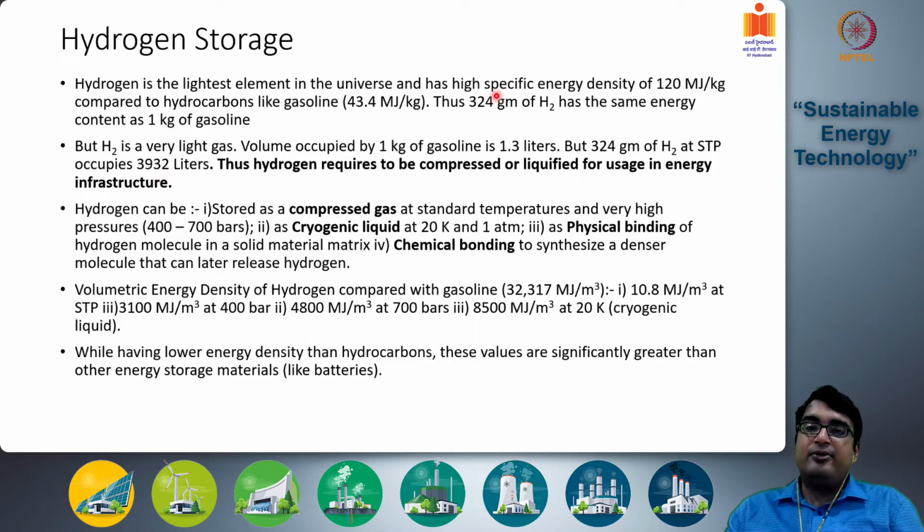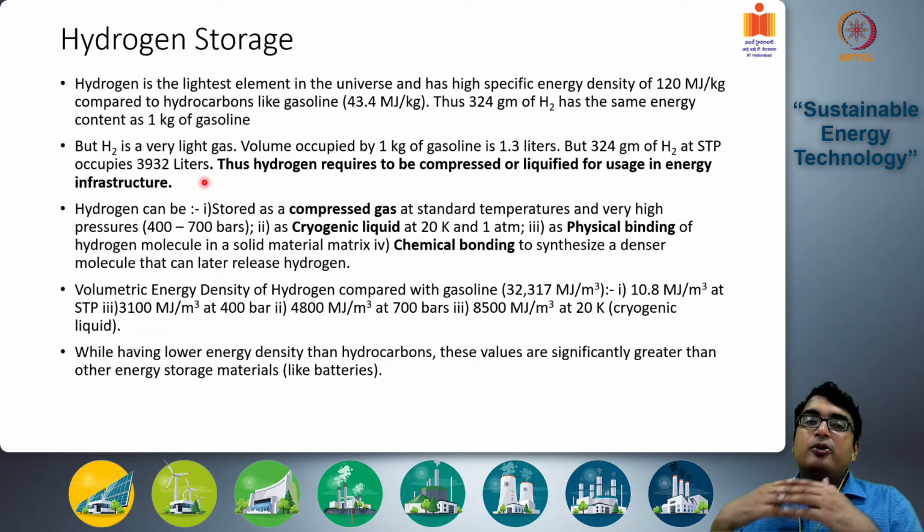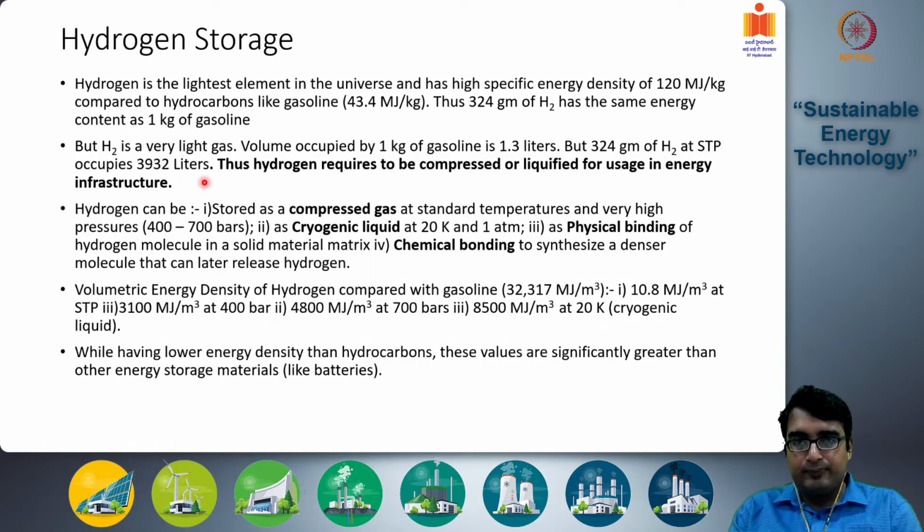This 324 grams of hydrogen has the same energy content as 1 kg of gasoline. So this is good, but that 324 grams will occupy 3932 liters of volume at standard temperature and pressure. If temperature is around 298 kelvins and pressure is around 1 atmosphere, then this is the volume this gas will occupy. All right. So its volumetric energy density at STP is extremely low compared to gasoline.